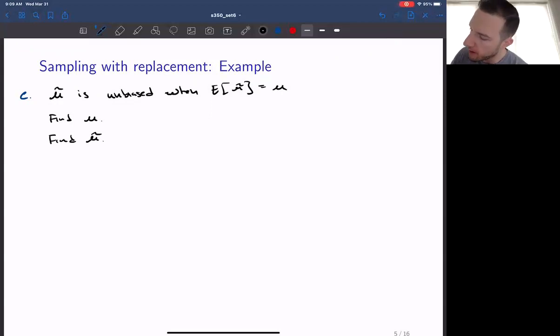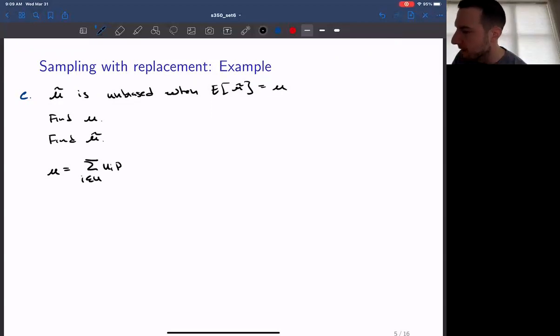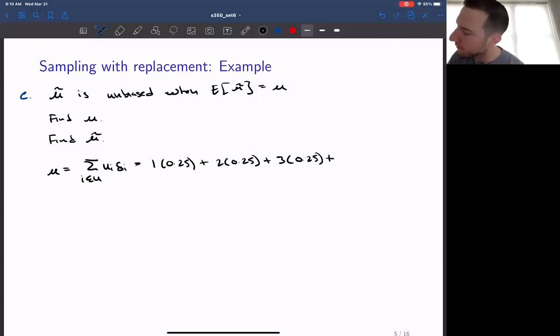So for us, mu is going to be equal to the sum across i of each u_i multiplied by the probability of observing that element. So this is going to be 1 times 0.25 plus 2 times 0.25 plus 3 times 0.25 plus 4 times 0.25.